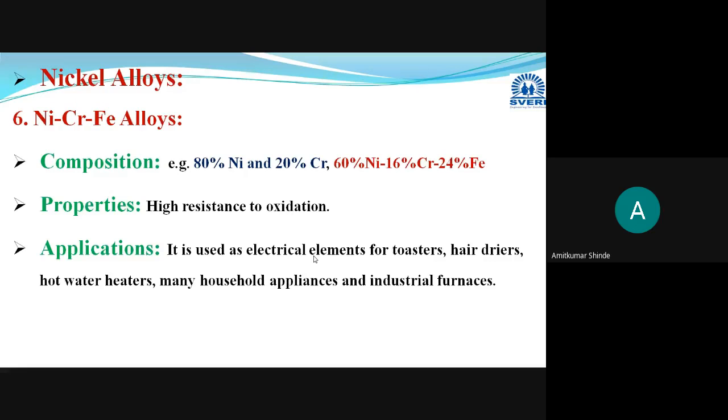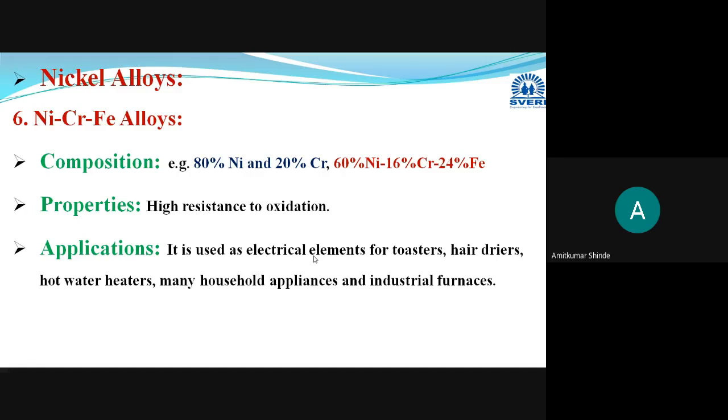Whichever heating elements are present in our different home appliances, like hot water heaters, hair dryers, and toasters. In these different equipments or home appliances, there is a requirement of a heating element. That electrical heating element is made up of these nickel, chromium and iron alloys.